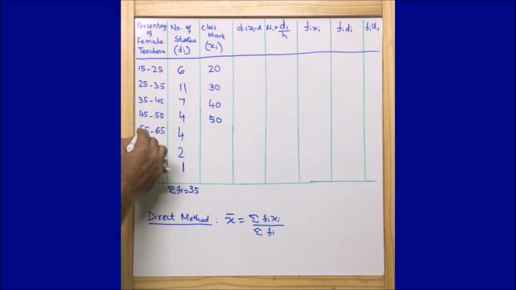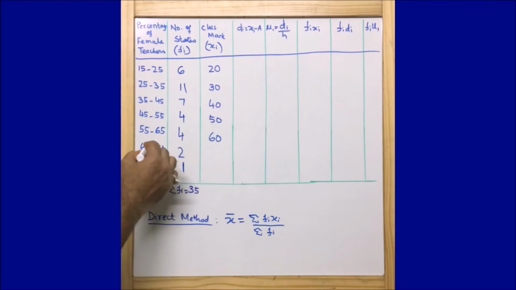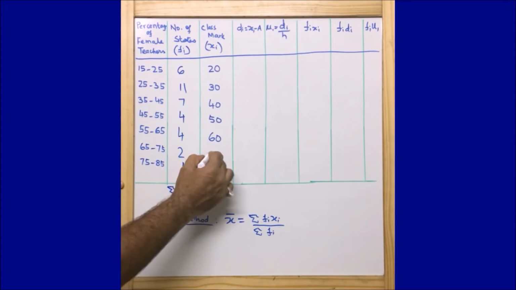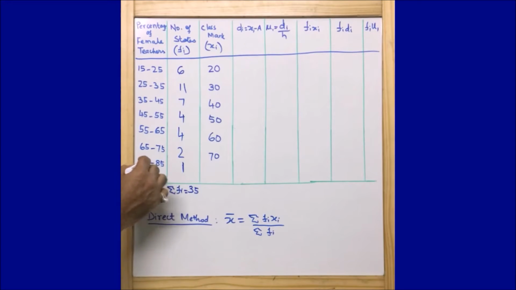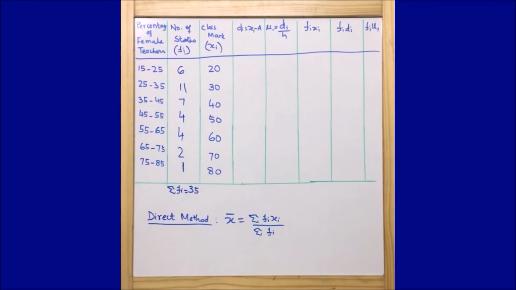Then 55 plus 65 is 120, so our class mark is 60. Then 65 plus 75 is 140, and 140 by 2 is 70. And then 75 plus 85 comes to 160, so we get 80. So you can see that we got the class marks as 20, 30, 40, 50, 60, 70 and 80.